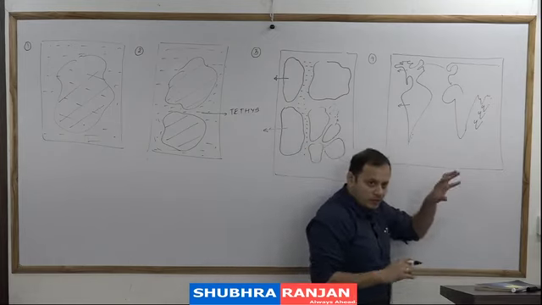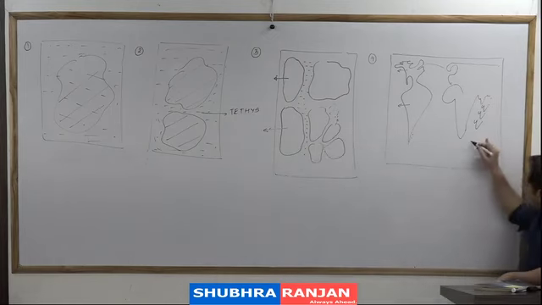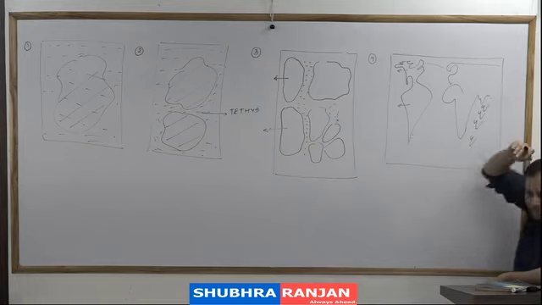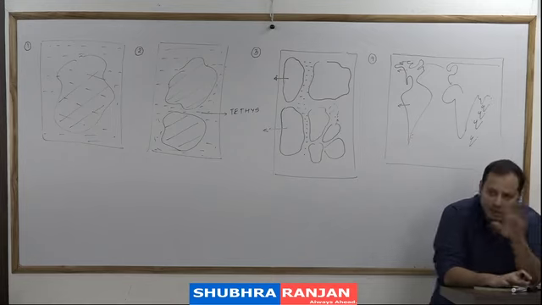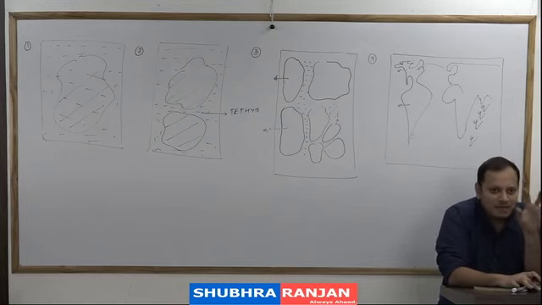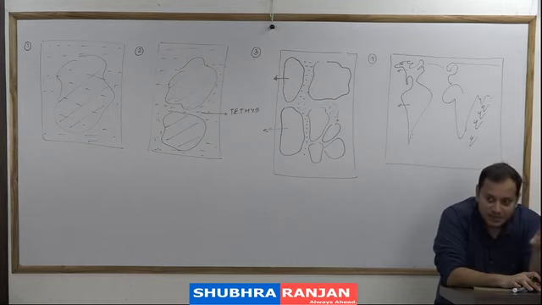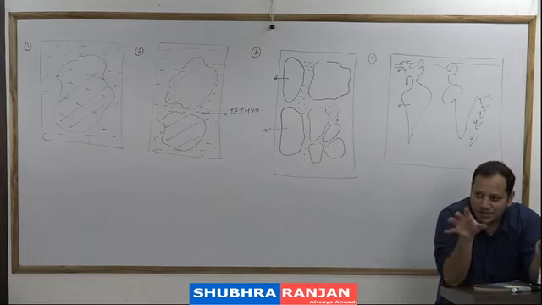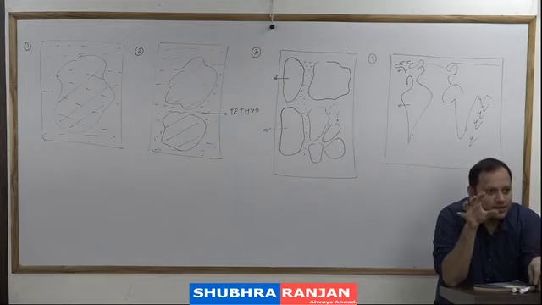This peninsular India, as per Wegener, started moving to the north. That means peninsular India was earlier somewhere in the southern hemisphere. Due to the northward movement of peninsular India, the remaining Tethys Sea was closed, and today there we have the formation of the Himalayas. Wegener did not say that we have the Himalayas, but we can understand that where the original Tethys Sea was, we have today the greatest mountains, the Himalayas.